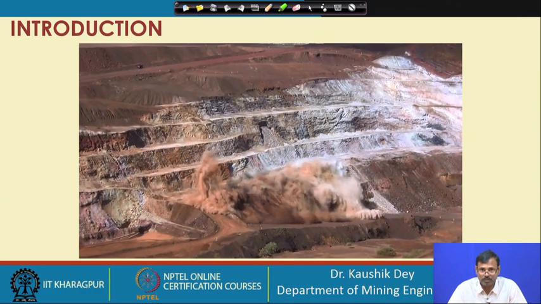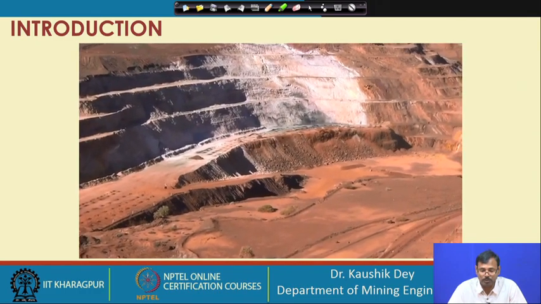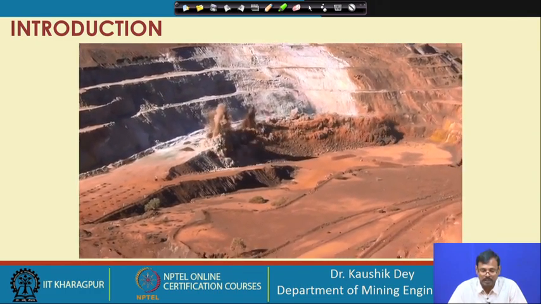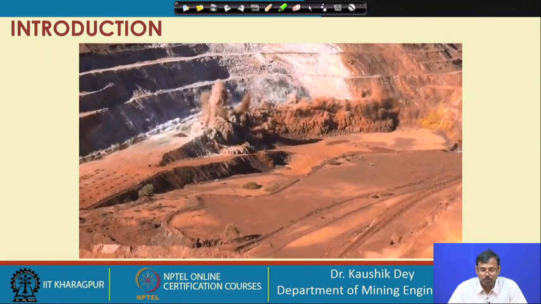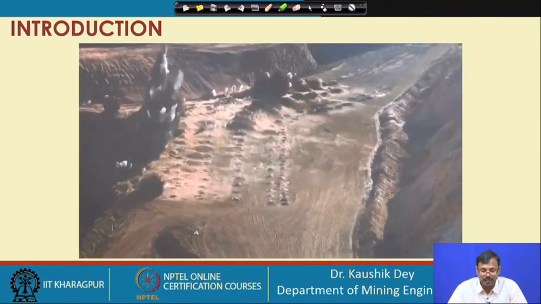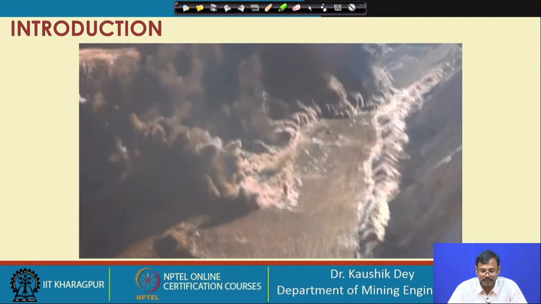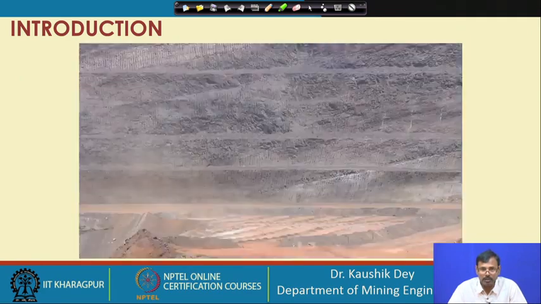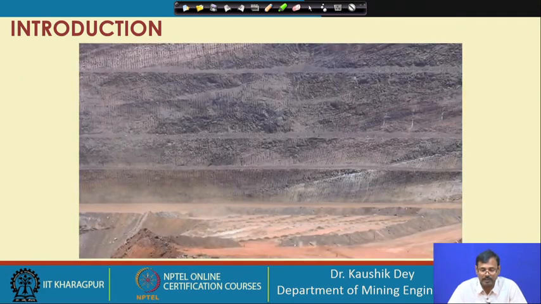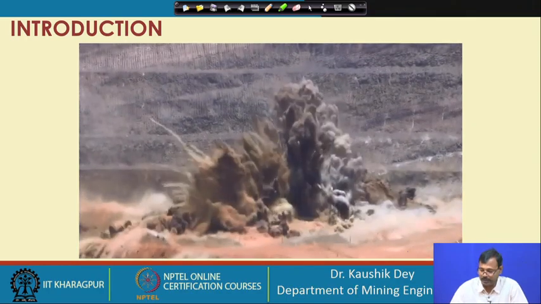The explosion of the explosive in different blast holes at different times is also an essential requirement. So, our objective was to achieve those targets, and for that we needed to develop some more explosive accessories or blasting accessories.